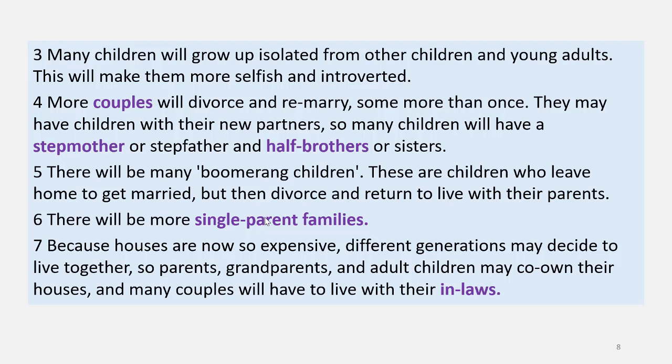Okay, and for the final prediction number 7, because houses are now so expensive, different generations may decide to live together. So parents, grandparents, and adult children may co-own their houses, and many couples will have to live with their in-laws. For this, perhaps this is happening in Vietnam.